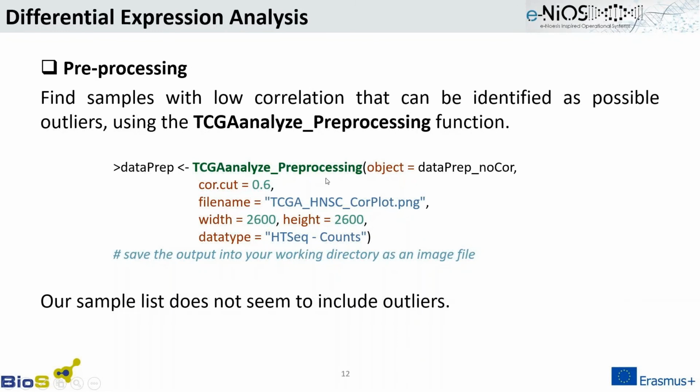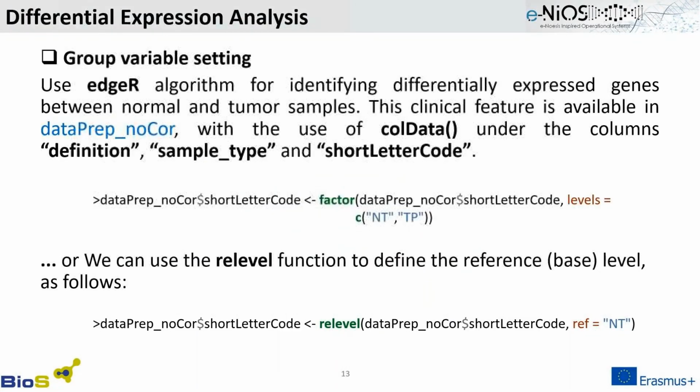However, edgeR requires a group variable, so we have to convert it with the factor function, because we have to convert our group variable to a factor with defined levels. This can be done with the factor function.